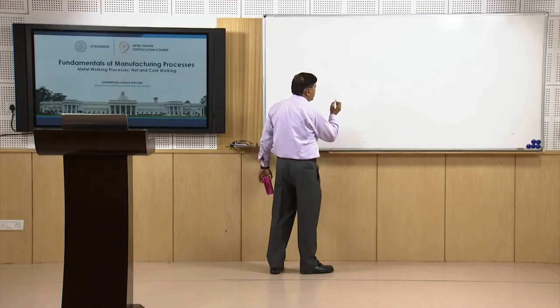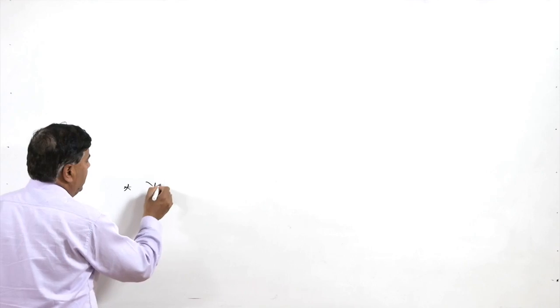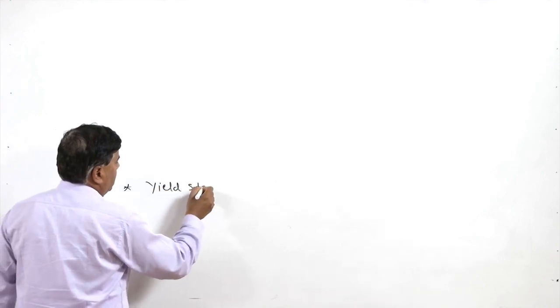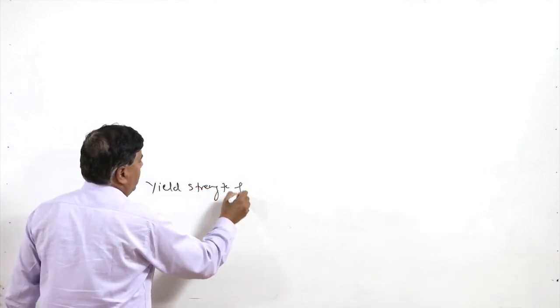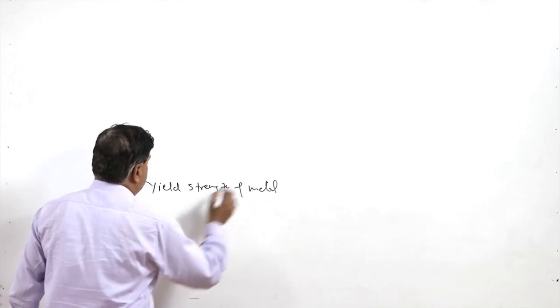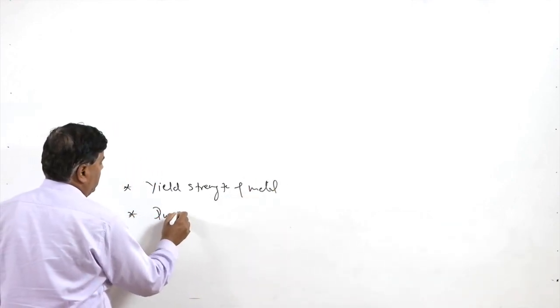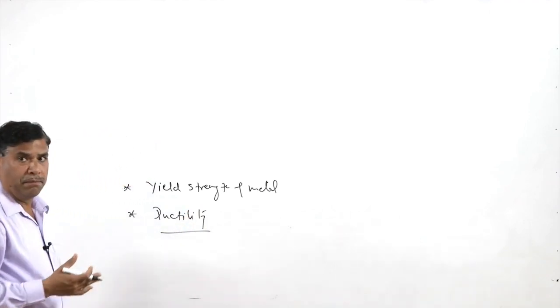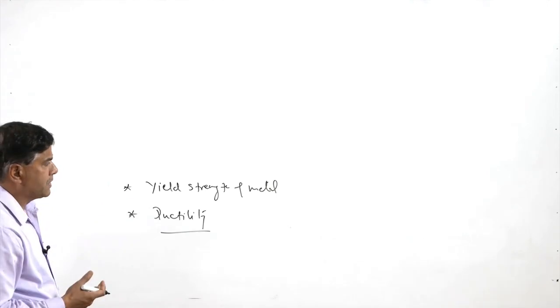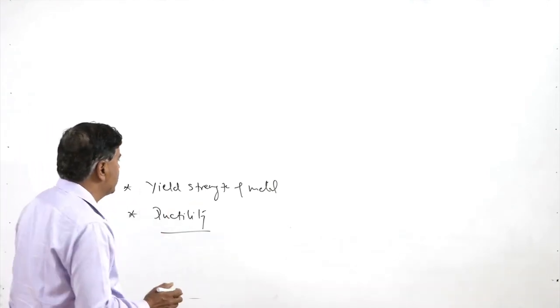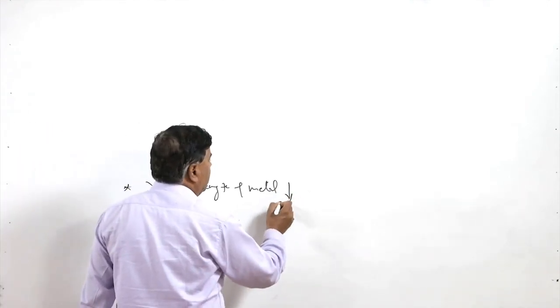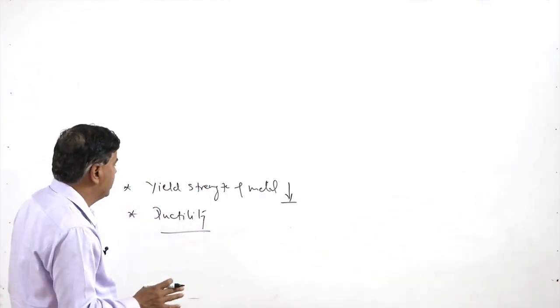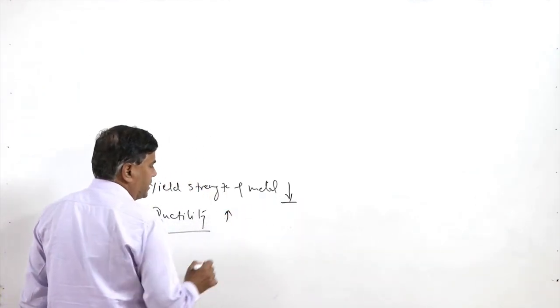Ease of deformation for the metal in these processes is influenced by the yield strength of the metal and the ductility. For ensuring that the metal is deformed plastically by application of external force, it is good to have a lower yield strength and high ductility.